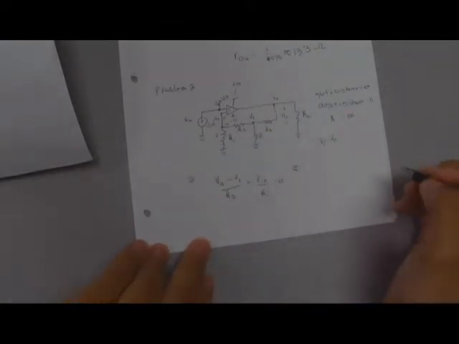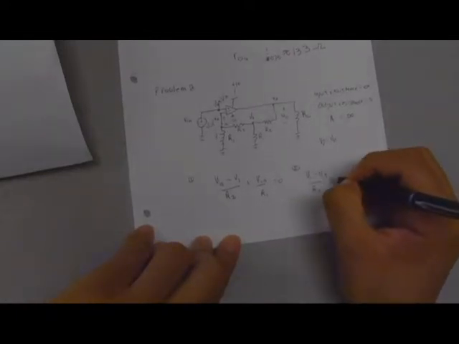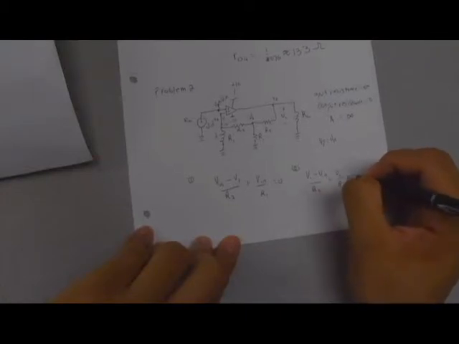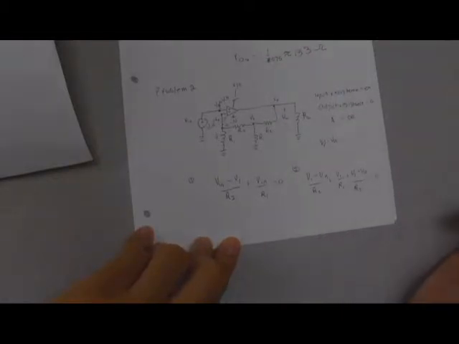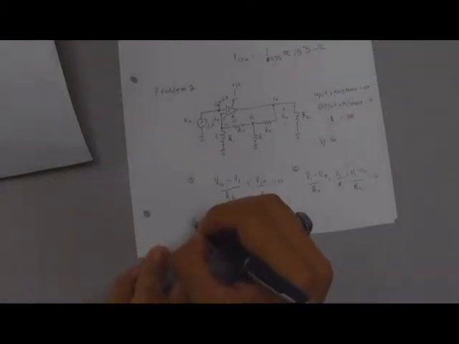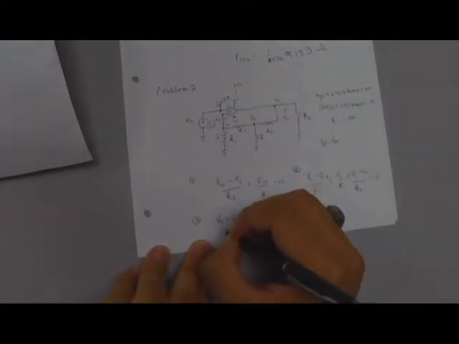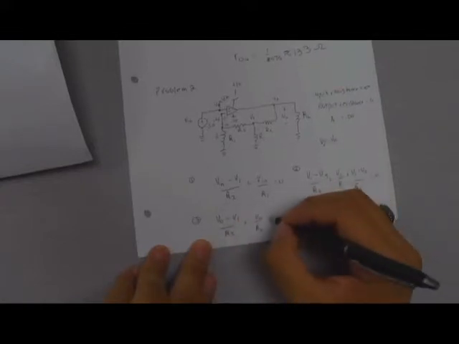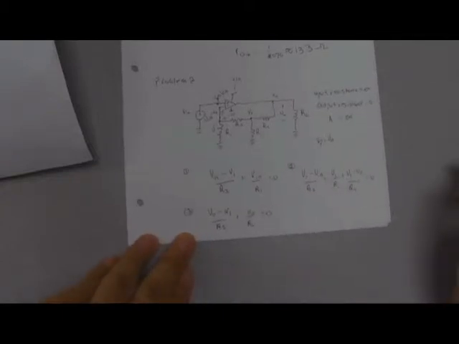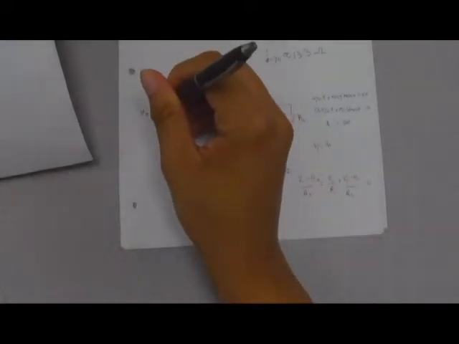Second equation is going to be V1 minus Vin over R2 plus V1 over R1 plus V1 minus Vout over R2 is equal to 0. And then our third equation is going to be analyzing this node here, and we're going to have Vout minus V1 over R2 plus Vout over RL is going to be equal to 0. So those are the three equations, three unknowns. Well, actually two unknowns, since we have Vin given in the problem as 2 volts.